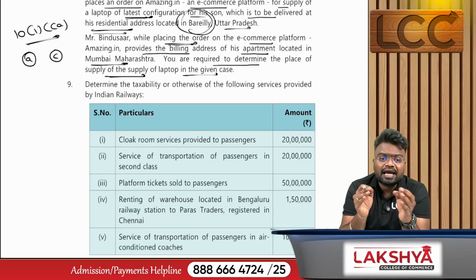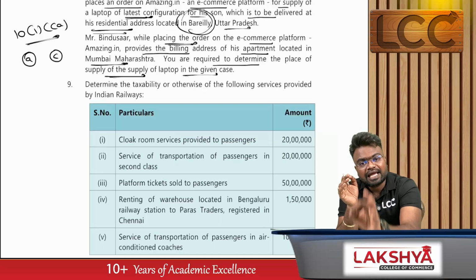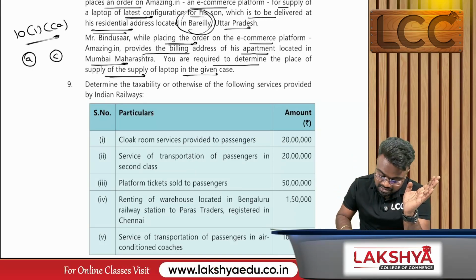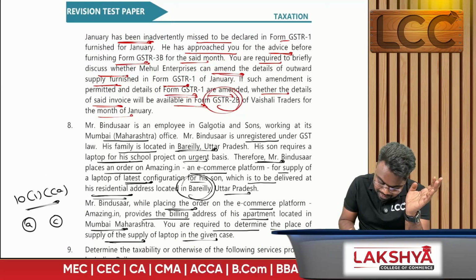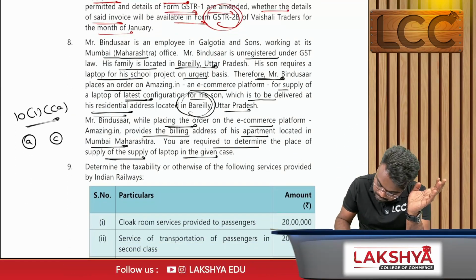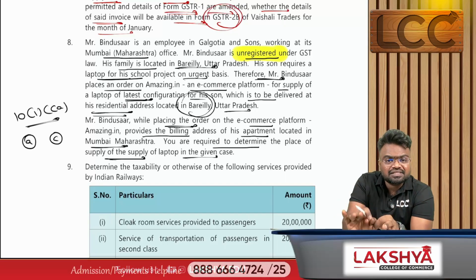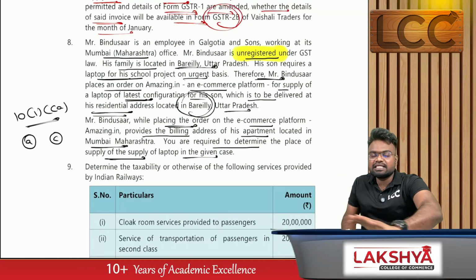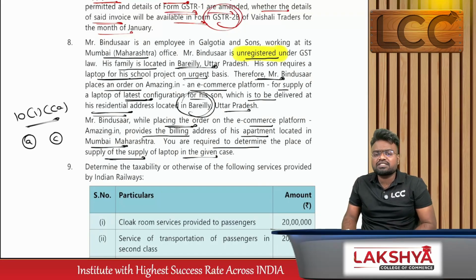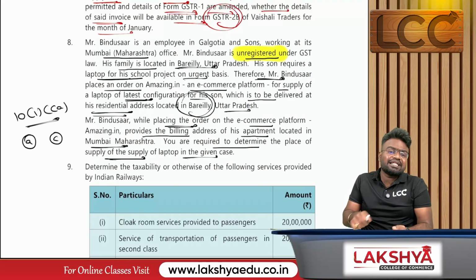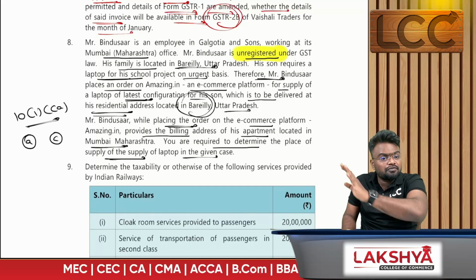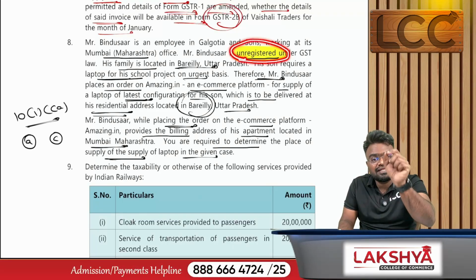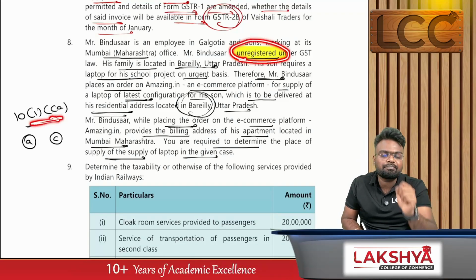If you are making any supplies to an unregistered person, in that case 10.1a is not applicable and 10.1c is not applicable. What are 10.1a and 10.1c? Movement of goods and no movement of goods. Those provisions are not applicable because you are making supply to an unregistered person. In that case 10.1ca is applicable.